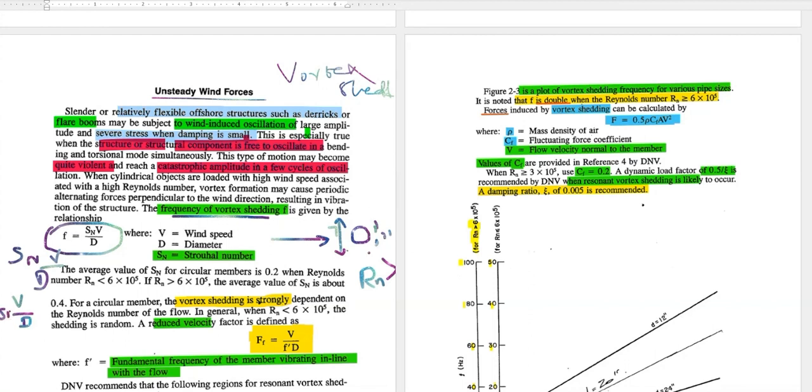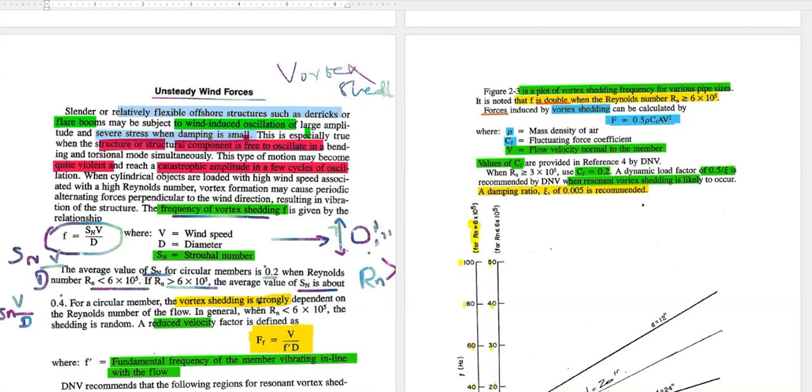That is the vortex shedding frequency. The average value of the Strouhal number for circular members is 0.2 when the Reynolds number is less than 6 times 10 to the power 5. If it is more than that, SN is 0.4. It is almost double, 0.2 to 0.4.